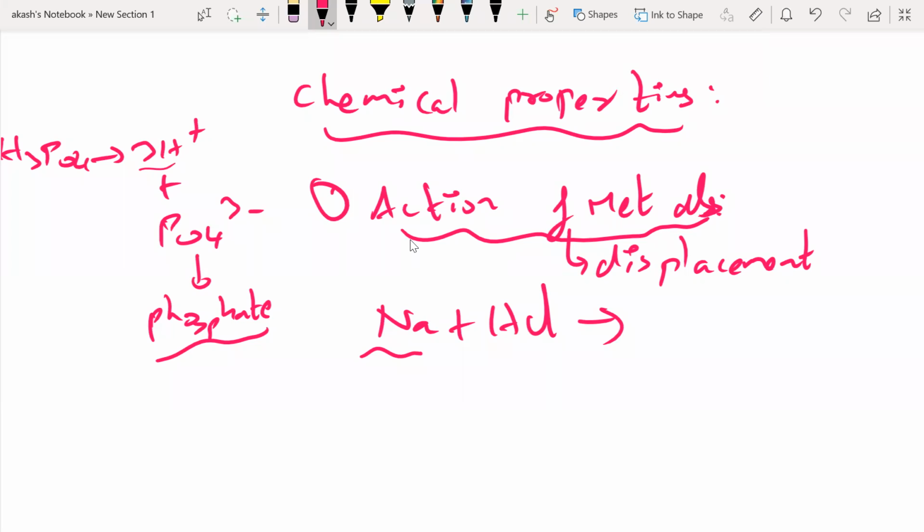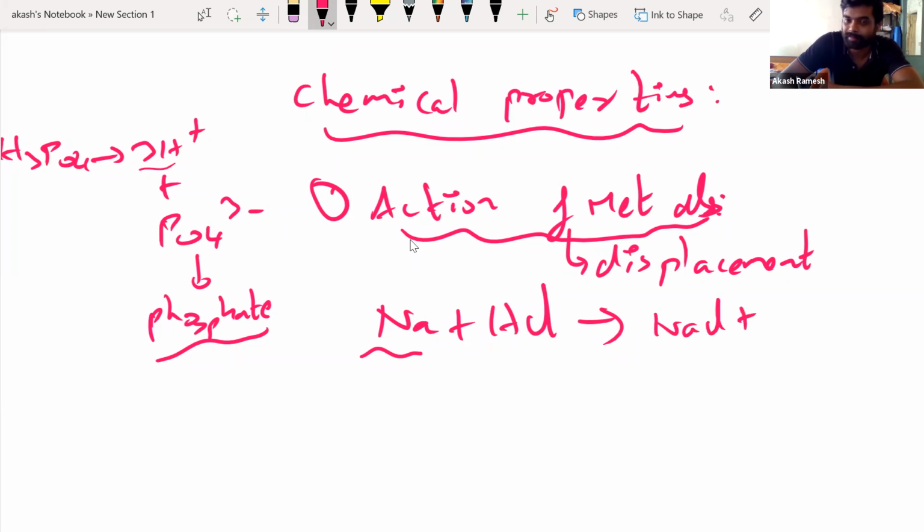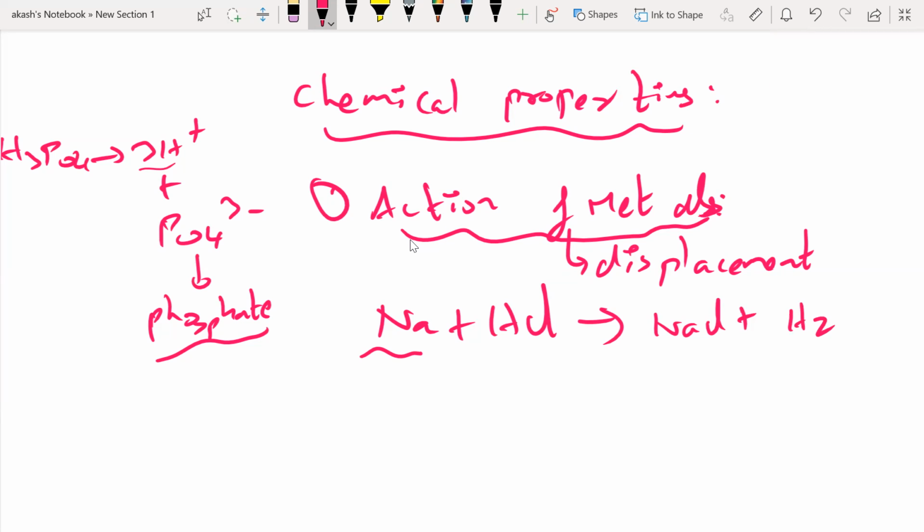Na plus HCl will give NaCl, then the other one? Do we write H, or how should I write it? H2. Absolutely. H2. This is how we write it.